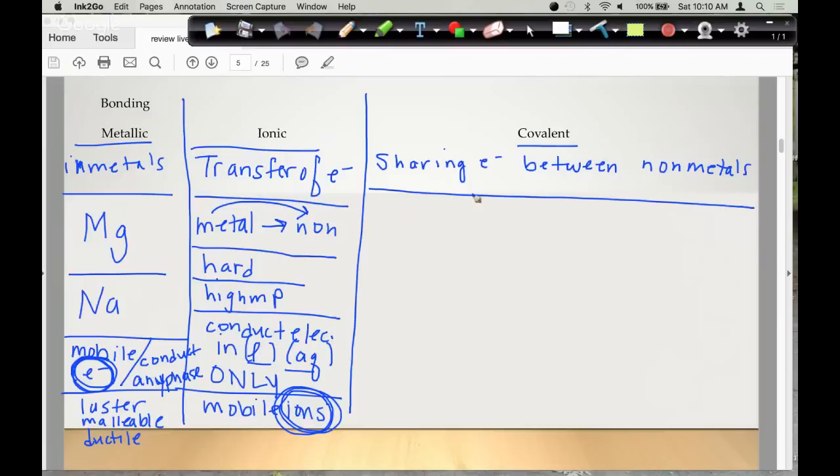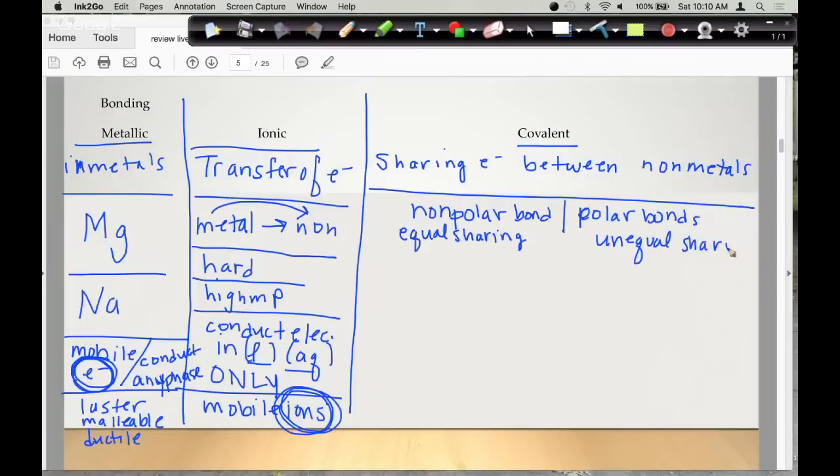For covalent bonding, we have nonpolar covalent bonds, and we have polar covalent bonds. Nonpolar bonds are equal sharing. Polar bonds are unequal sharing.